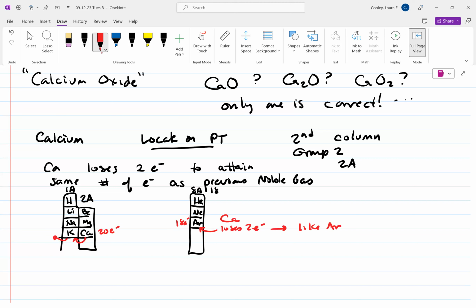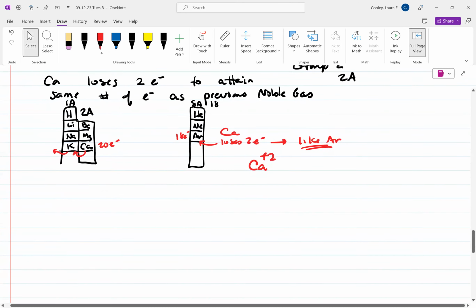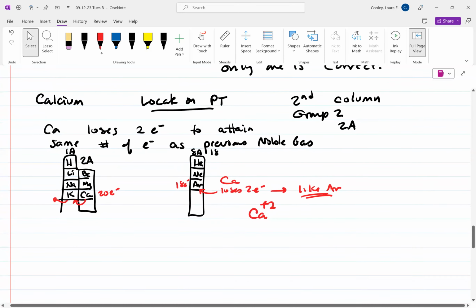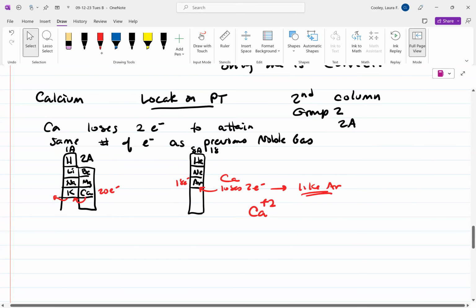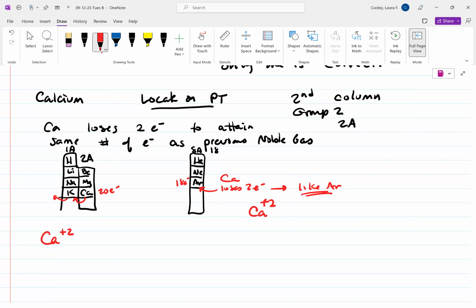When it loses 2 electrons, it becomes like argon, and it picks up a +2 charge because it loses 2 electrons. You could also see that it's in group 2. For these simple group A metals, the charge on the ion is the same as the group number. So +2 for calcium ion. Okay, so Ca is +2.